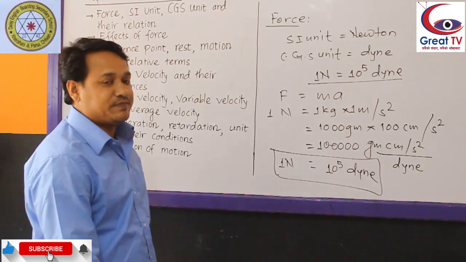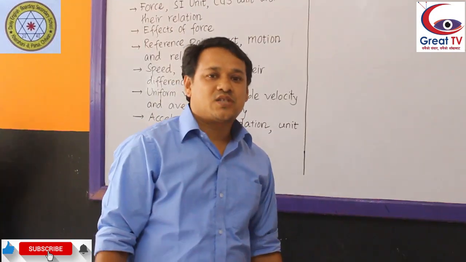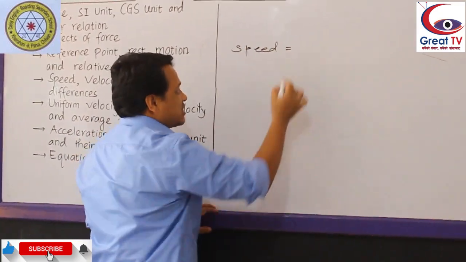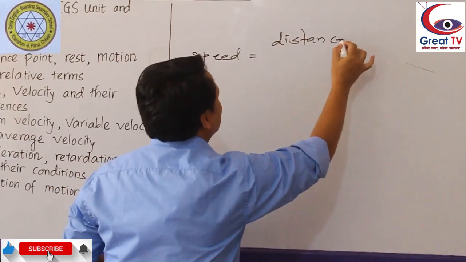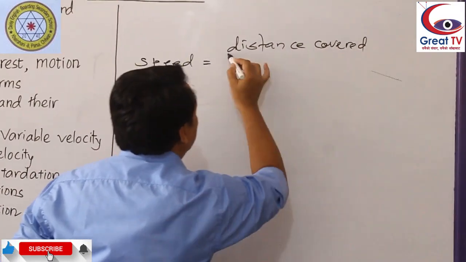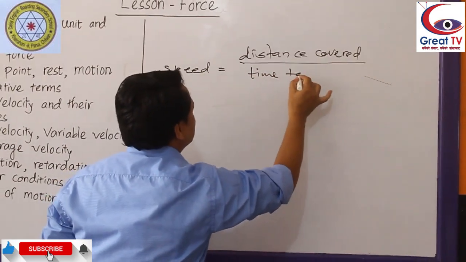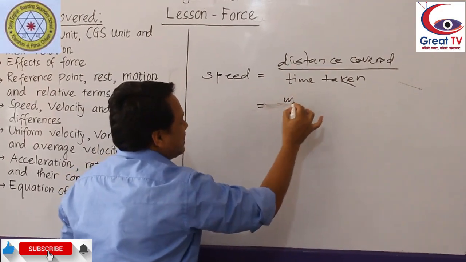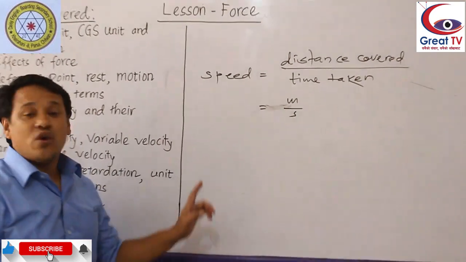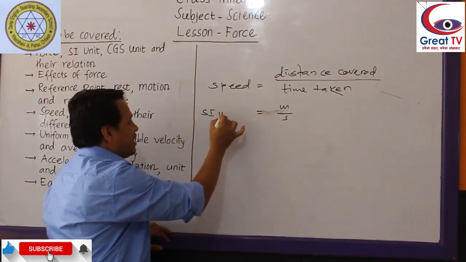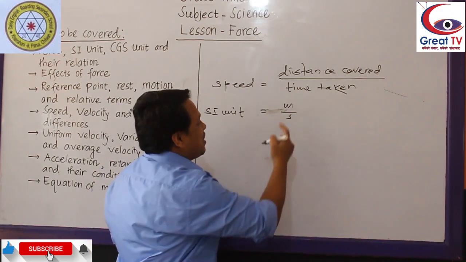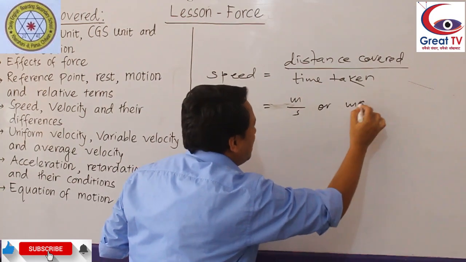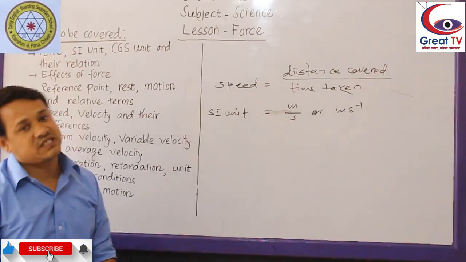For the unit, in the previous lesson we discussed meter for distance and second for time taken. So the SI unit of speed is meter per second. Meter per second is the SI unit of speed.